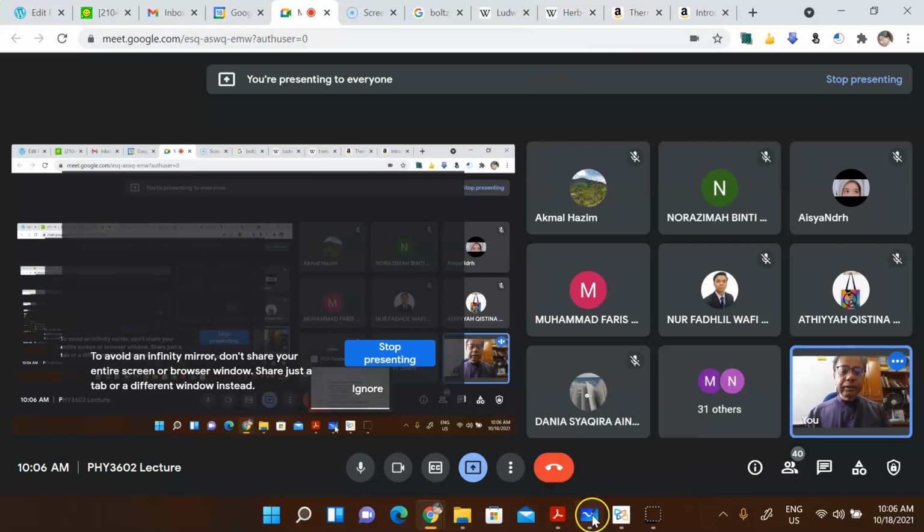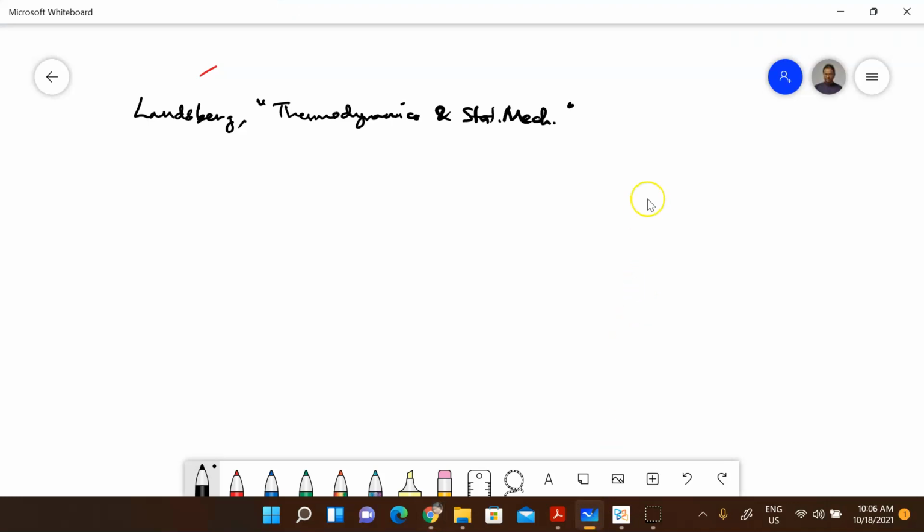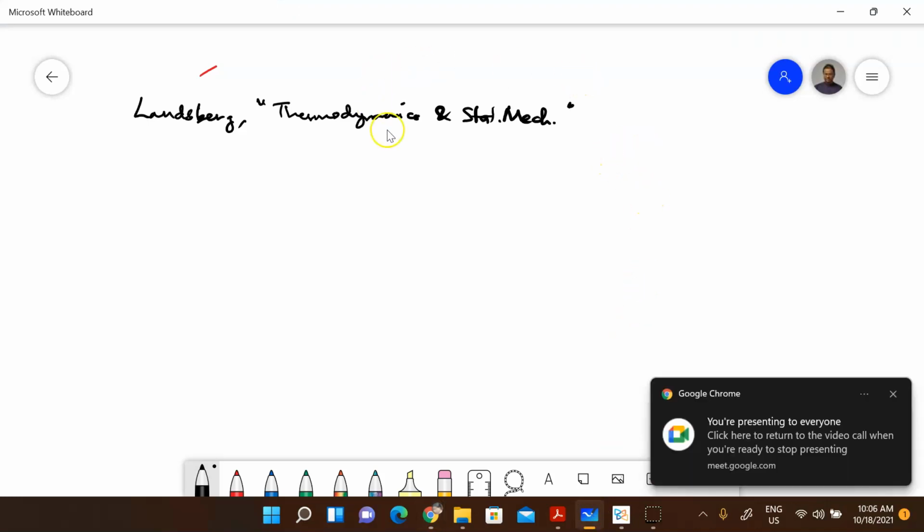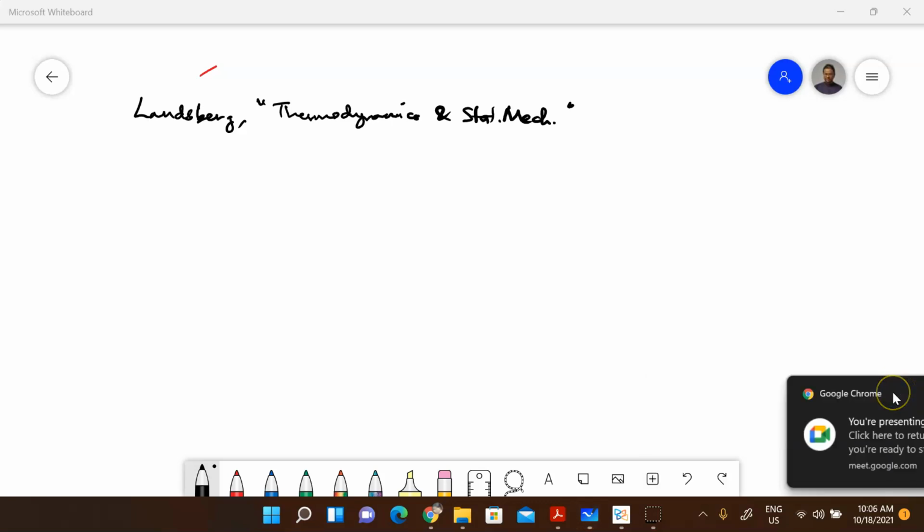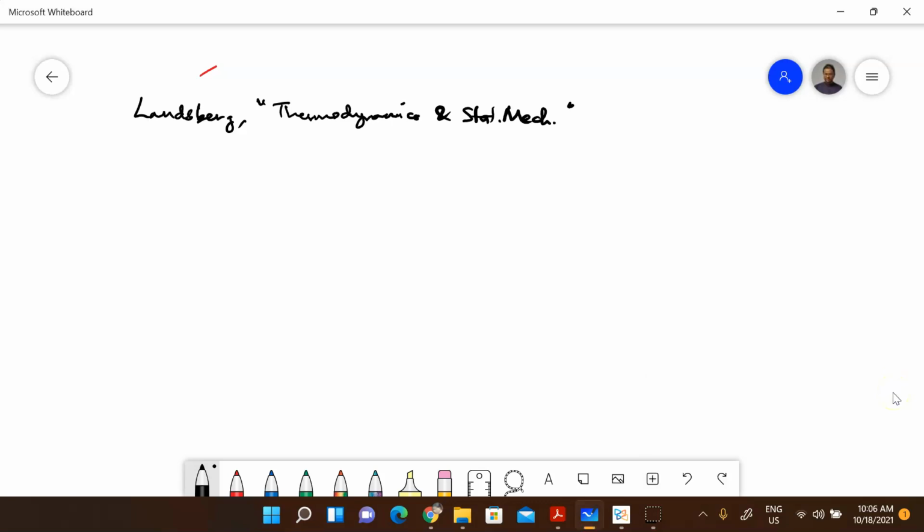Where was I? The whiteboard. So these are another standard book. Another one is Gerson Huang, which I think is like Intro to Stat Mechanics.